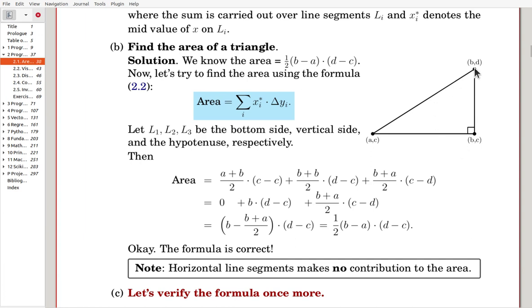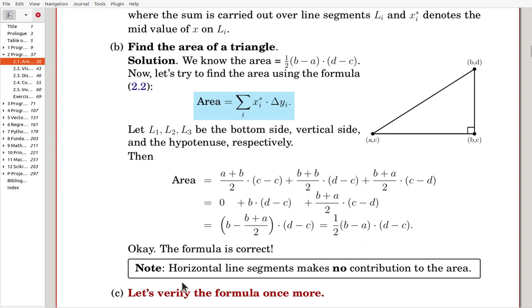Now for the final segment, from here to there, the center value of x is a plus b, the addition divided by 2, and the change in y is c minus d. The first one is 0. Now that one is b times (d minus c), and then we rearrange it, and by using some algebra we can arrive at this one, and eventually we get the same result we already know.